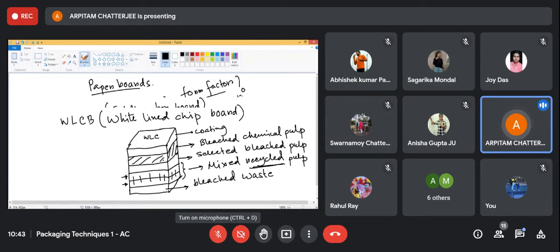In some of the medicinal packs, you will see that one side is white, but the other side is not that white. Okay, so in those cases, it is the use of WLC. So more or less, these are the boards. If you have any doubt, please do let me know.